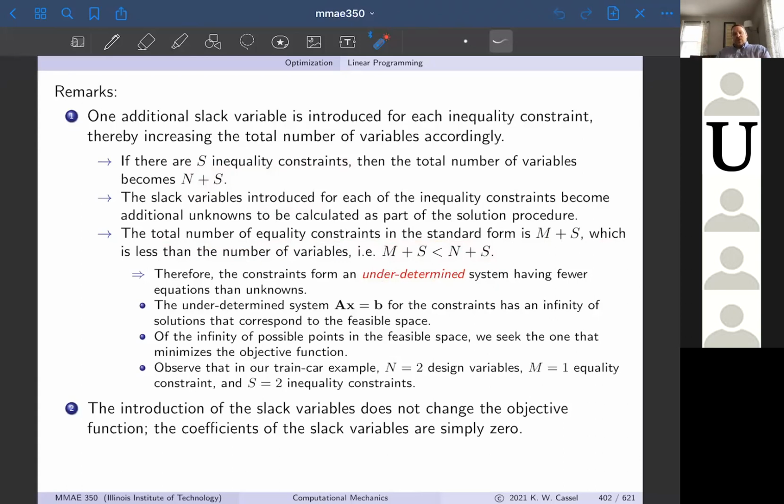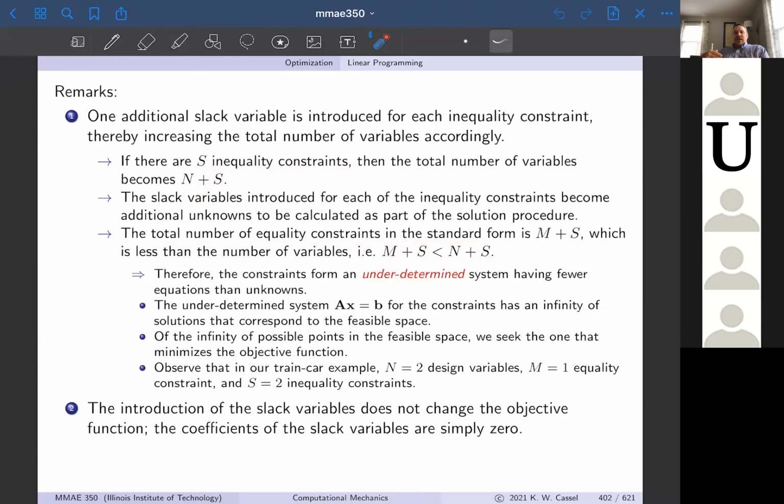Or if it's over-determined, that means there are more equations than there are unknowns, more equations than I need to get a unique solution. Then under-determined is where you have fewer equations than what you need to get a unique solution.